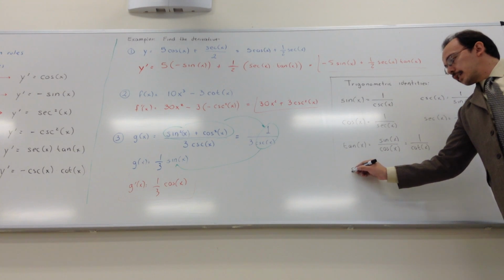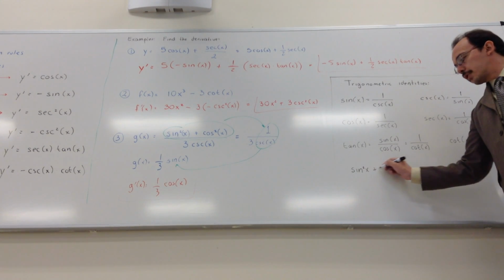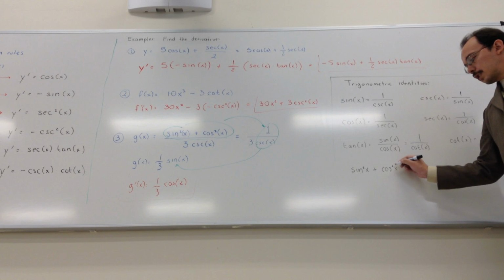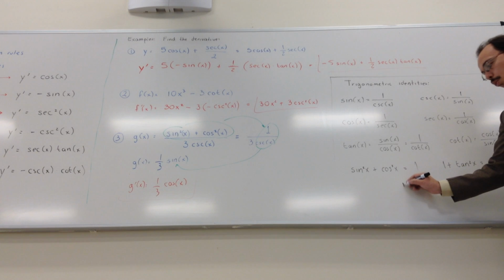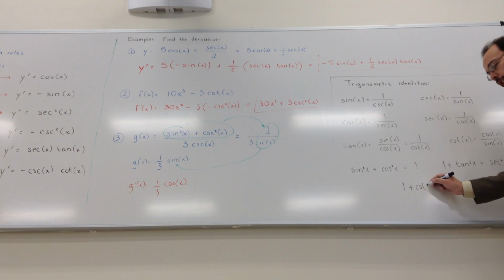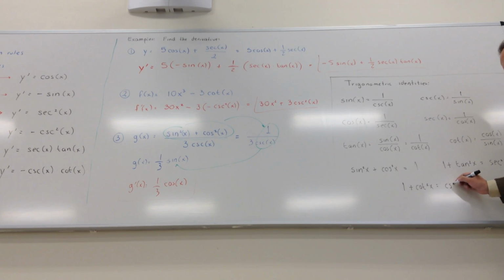And sine square plus cosine square equals 1. And 1 plus cotangent square. Impressive. Okay.